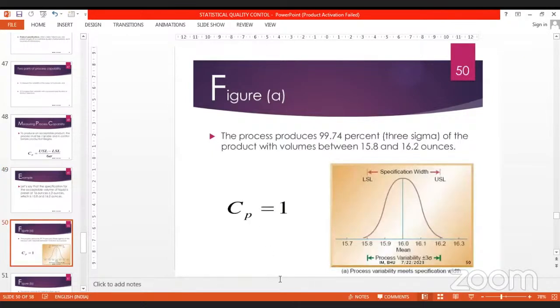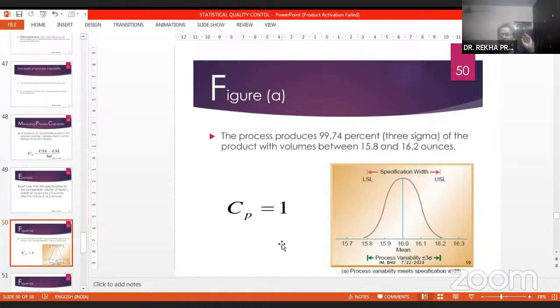The process produces 99.74% (3 sigma) of the product with volumes between 15.8 and 16.2 ounces. तो Cp is 1. यहाँ अपर लिमिट और लोअर लिमिट के बीच में ये 99.74, which is like almost one.